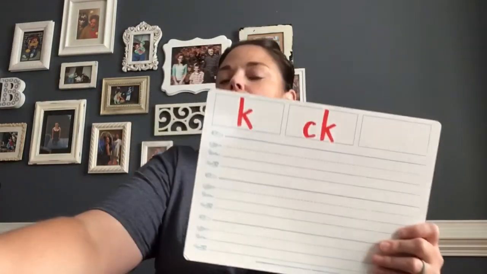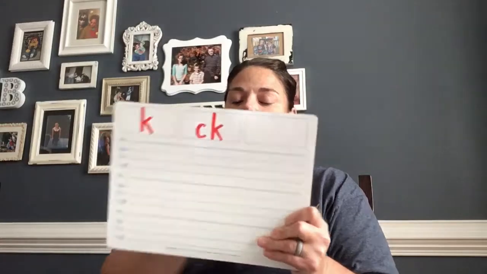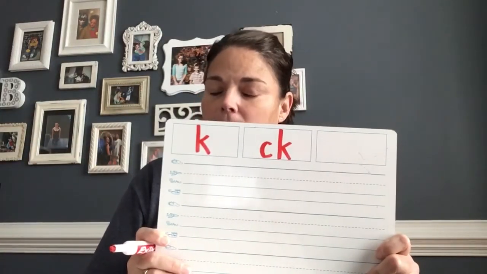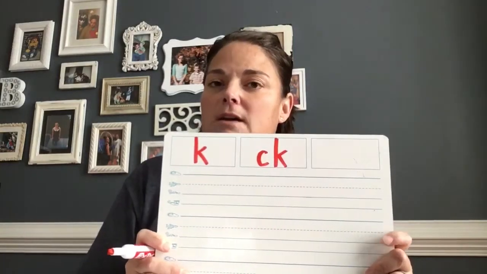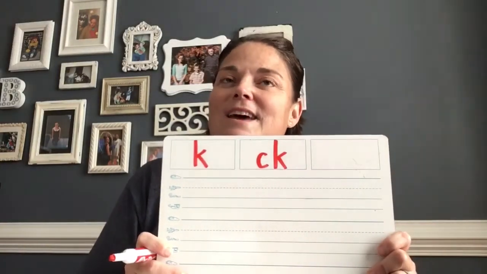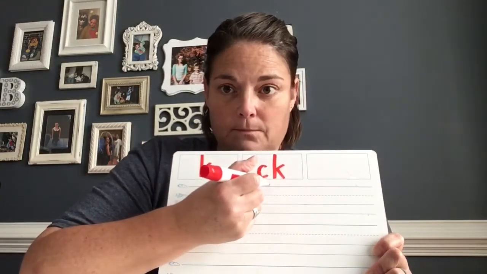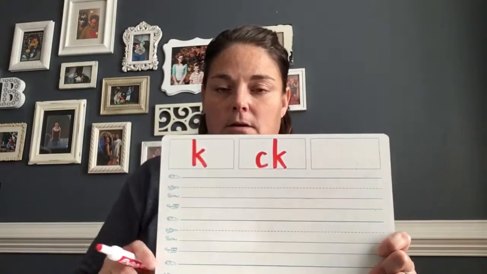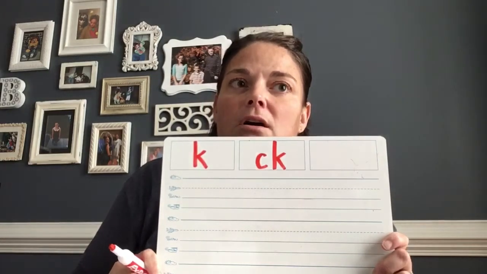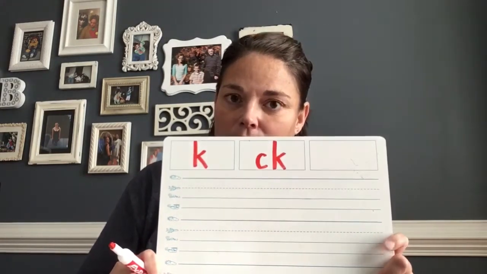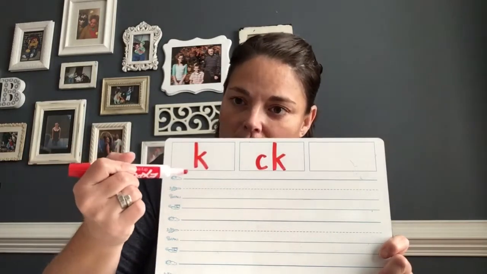CK. At the end of the word it can also be CK. Real quickly, do you remember the rule? If the k comes right after a short vowel sound, use this one, CK. If the k comes after a consonant sound, use this one.